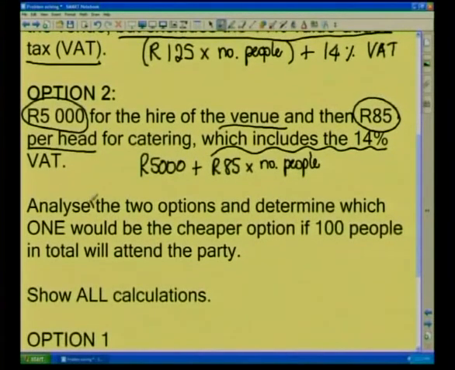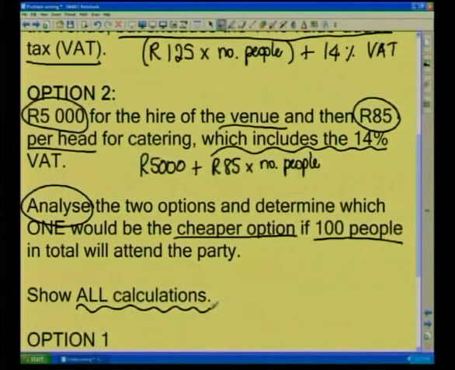It says analyze the 2 options and determine which one would be the cheaper option if 100 people in total attend the party. Show all calculations.